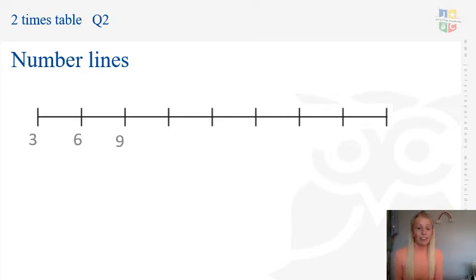Brilliant, so it's counting in 3, 6, 9, so it's counting in multiples of 3. So the next numbers are 12, 15, 18, 21, 24, 27. Excellent, so this number line represents the 3 times table. So you can pause the video now and have a go at question number 2.